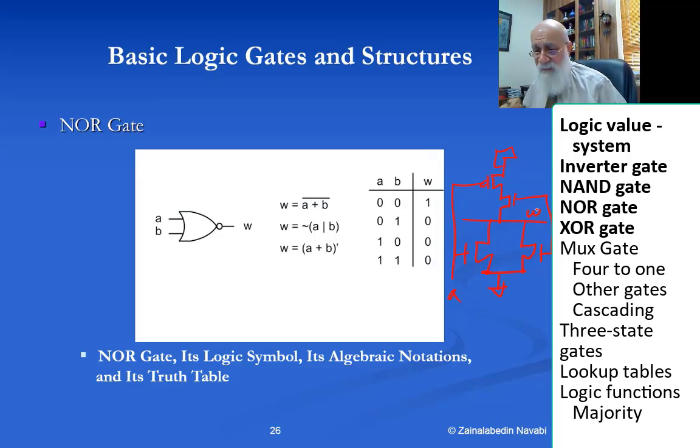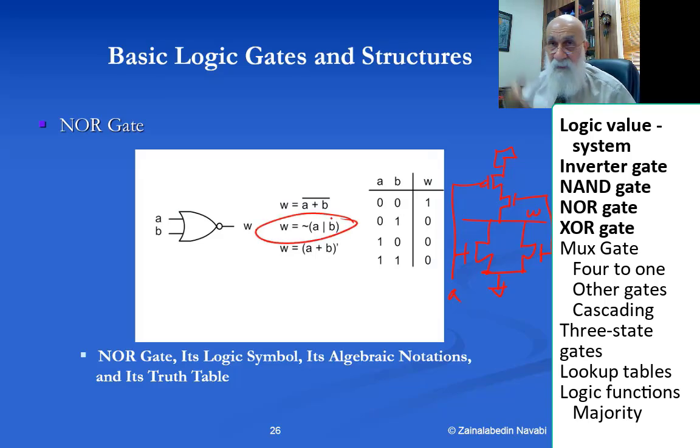This is the W output. And again, the output is 1 when both inputs are 0. Otherwise, the output is 0. And this is the way you write it in Verilog with the vertical bar. In VHDL, you write like A NOR B. Okay?